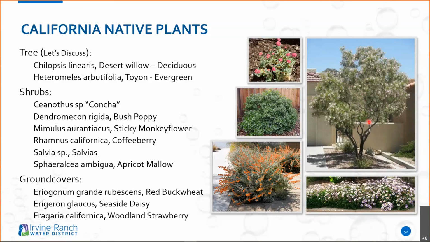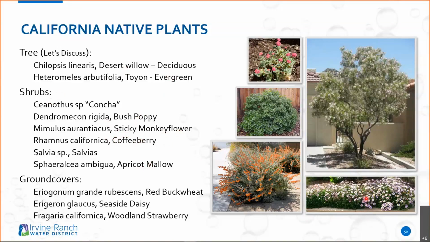Here's our Heteromeles, our beautiful toyon. It's actually a big giant shrub that you can make into a small tree. And then of course I put a bunch of other shrubs, whether it's ceanothus, the bush poppy, Dendromecon rigida, some sticky monkey flower, Mimulus, some Rhamnus, some coffeeberries, salvias. This is apricot mallow right here. I love it. It's gorgeous.